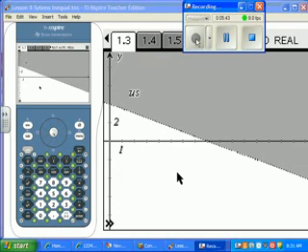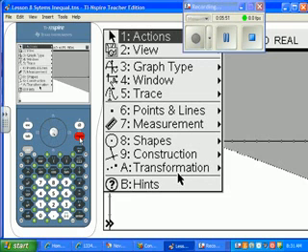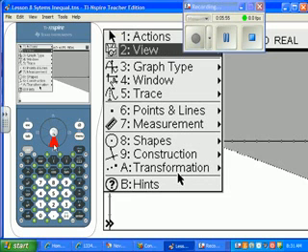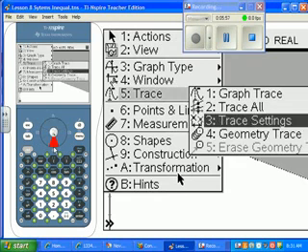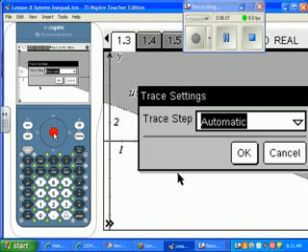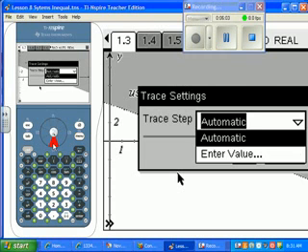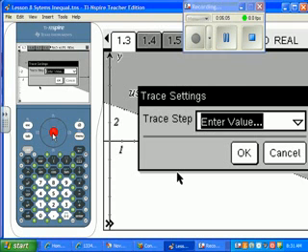How do I figure out points on the line? What tool allows us to get points on the line? Trace. Go back to menu. What do I need to change about trace first? Trace settings. So go down to trace, settings, and you're going to do what? Yep, enter value, and you're going to choose.